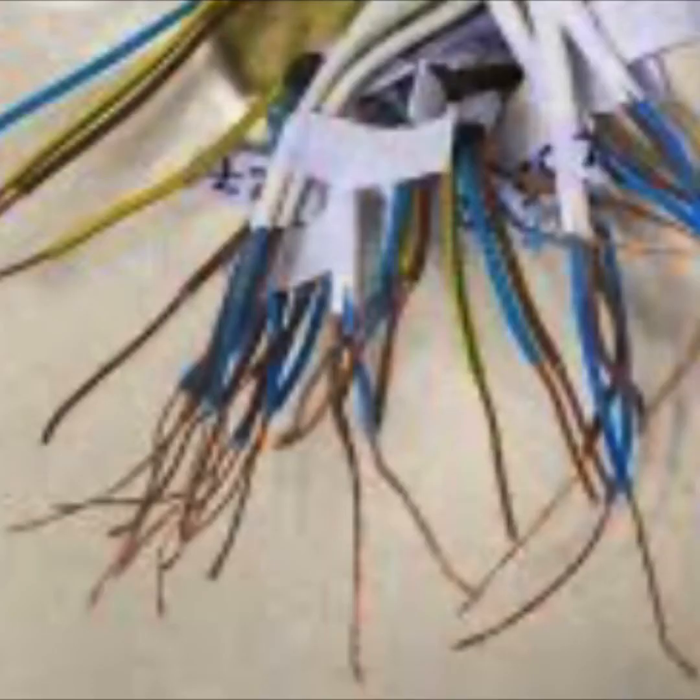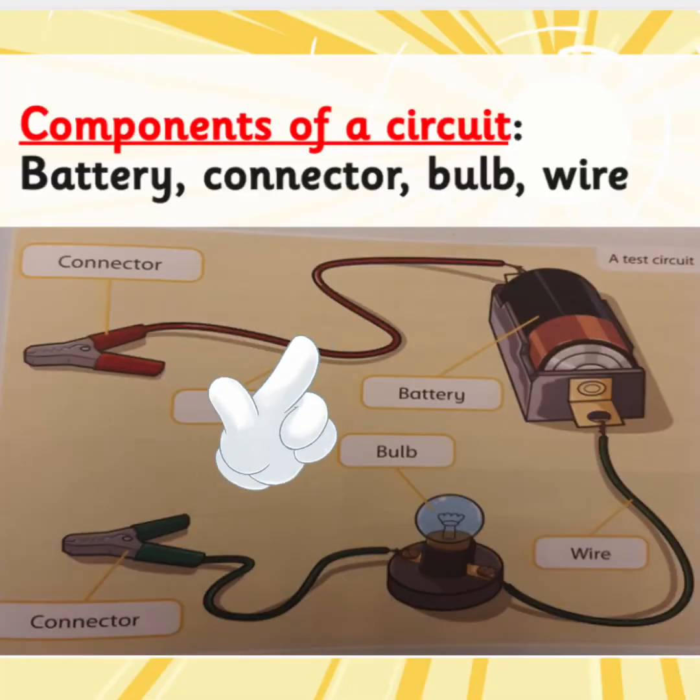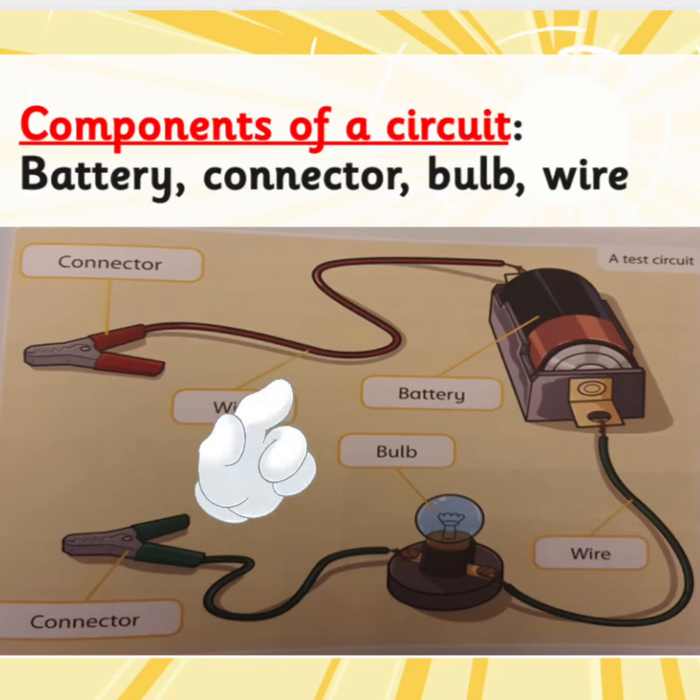Wires are made up of flexible strings inside them. These strings are made up of flexible metals, copper, iron, etc. These metals are very good conductors of electricity. Hence, the wires carry the electricity from one component to another.